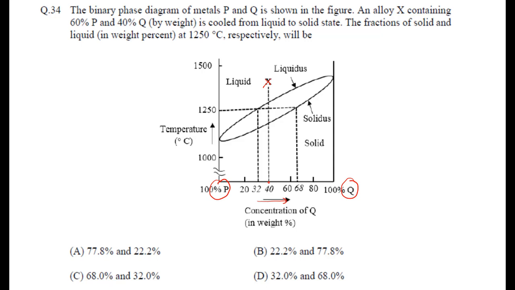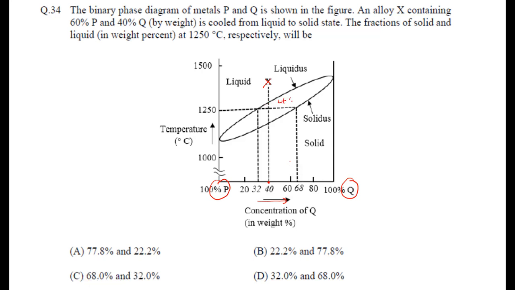The fraction of solid and liquid in weight percent at 1250 degrees centigrade. So this is 1250, and at 1250 degrees centigrade, the alloy is in the middle portion of this liquid and the solid, right? So this will contain both solid and the liquid, right?